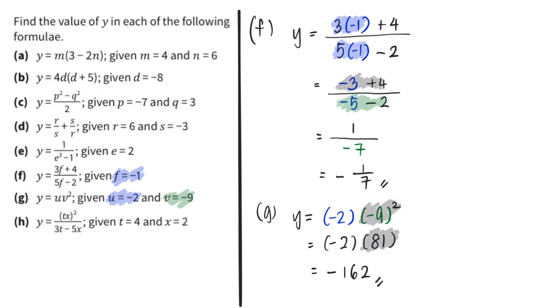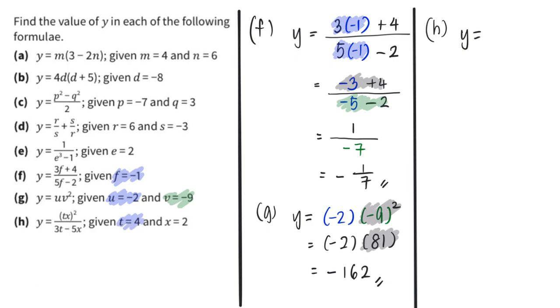And let's take a look at the last part of this question, part H. So for part H, y will be equal to tx squared, where we are given t is 4, x is 2.